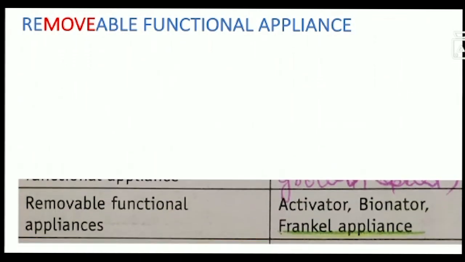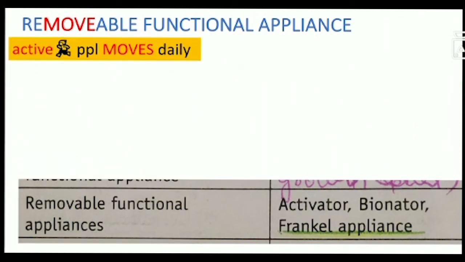So removable functional appliance. How are you going to remember what the removable functional appliances are? Under removable functional appliance, we have activator, bionator, and Frankel appliance. So move. Active people move daily. During the exam, the question might come as, which among the following is a removable functional appliance, and they may give you activator, Herbst appliance, Jasper jumper appliance, and so on.